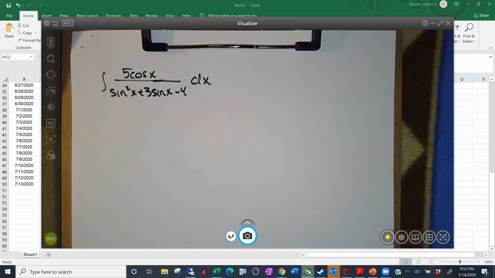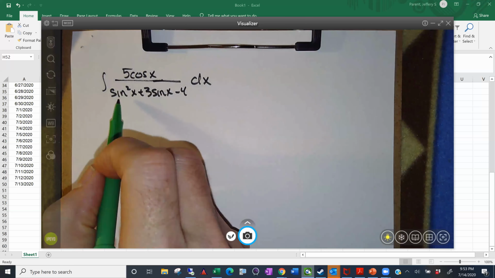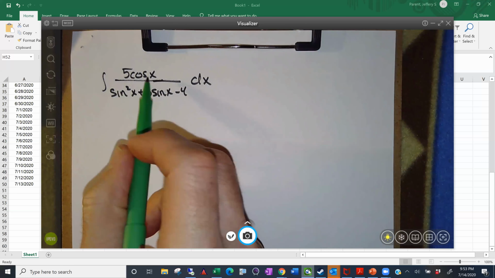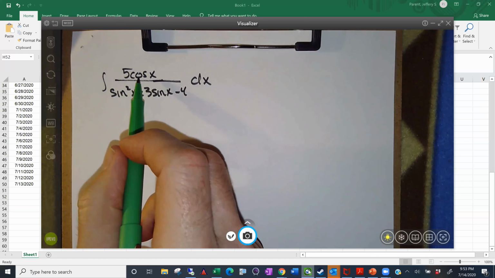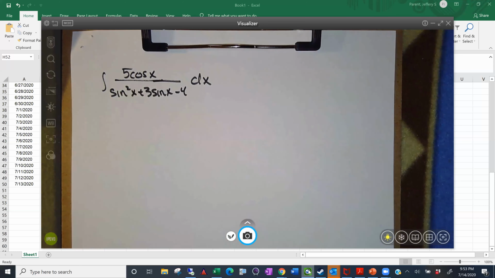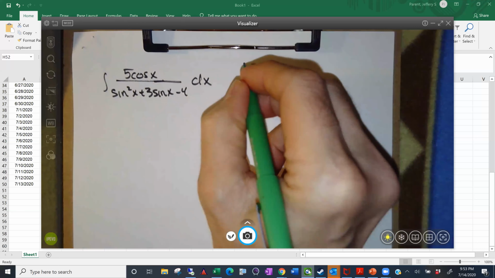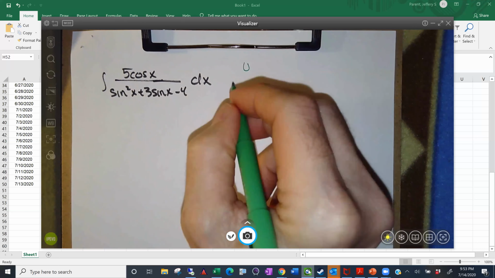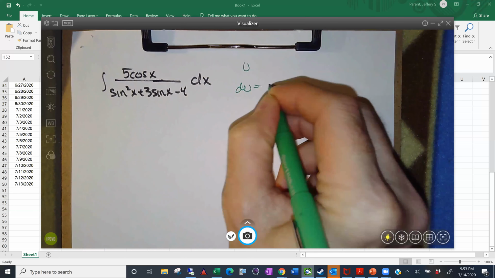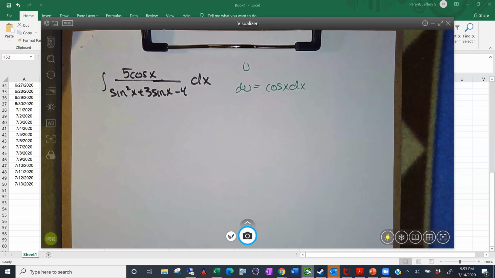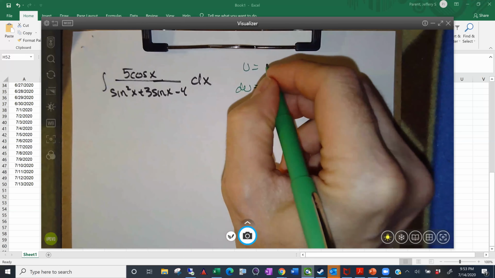Well, what I notice here is I got a lot of sines in the denominator and a cosine in the numerator. Now that cosine in the numerator seems like it's begging to be part of a du term. Now, if the cosine x dx is the du term, what's the u term? Okay. No. All right, no answers on that one.